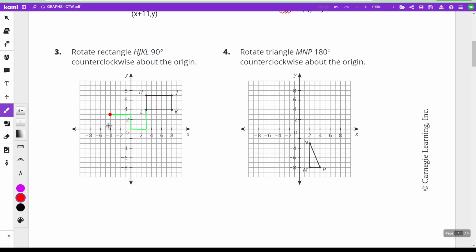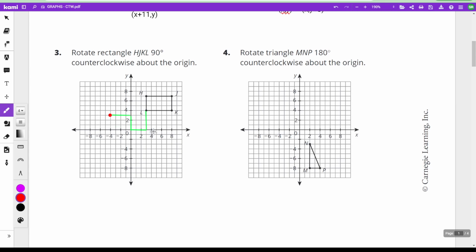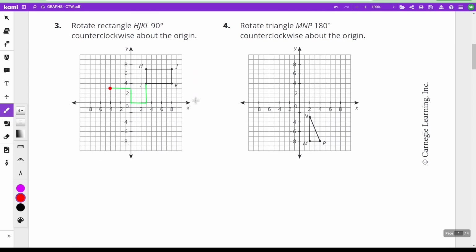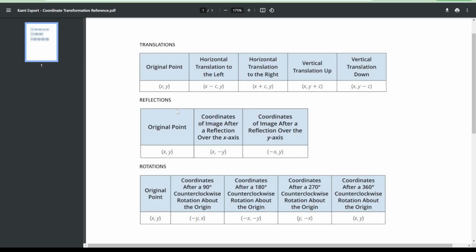But another way of doing this is by using the coordinate notation for transformations. Right, so if we go back to our coordinate transformation sheet, you can see here that in the section labeled rotations, if we are going 90 degrees counterclockwise about the origin, our original x, y points are going to be transformed such that the two coordinates flip sides and the new x coordinate becomes negative.